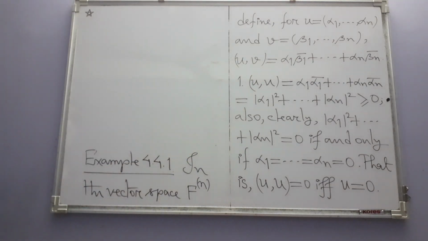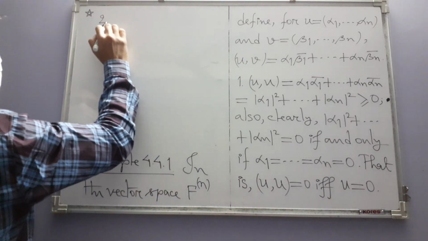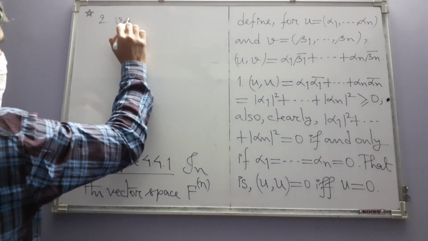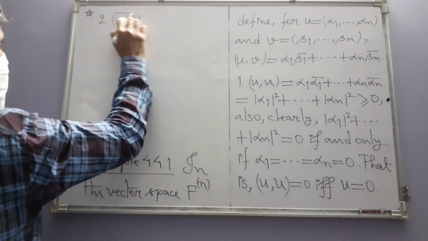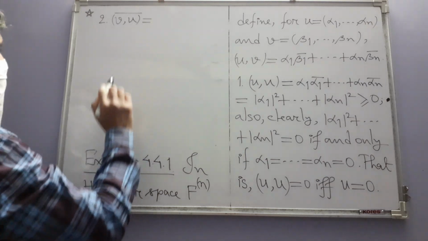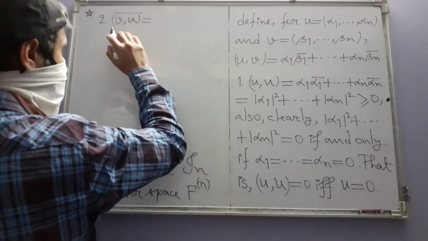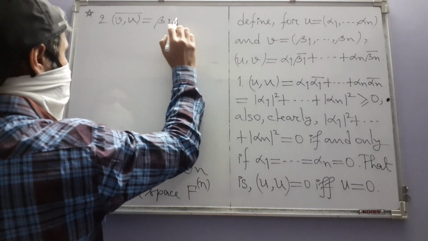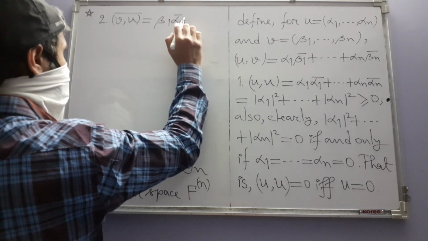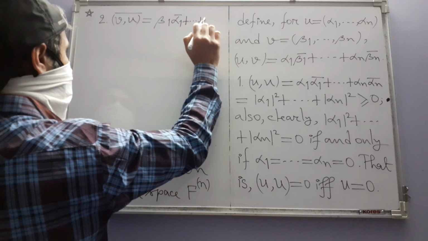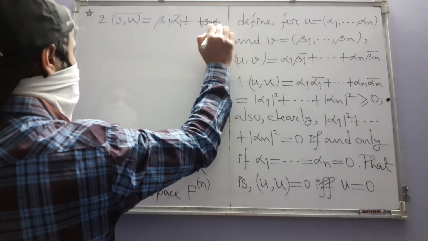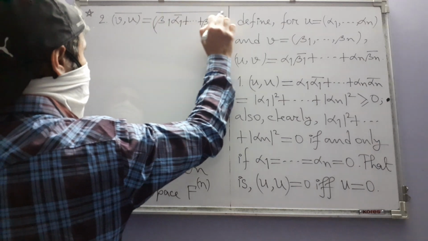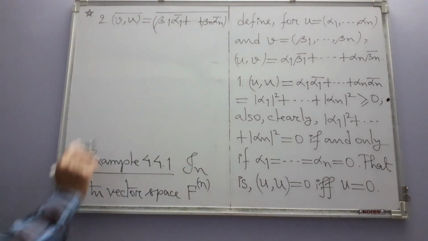What about property 2? u comma v, and then its bar, say. So this will be v comma u we are writing, okay. So that means beta 1 alpha 1 bar, and like that it goes to beta n alpha n bar, and on top of all this we have a bar.